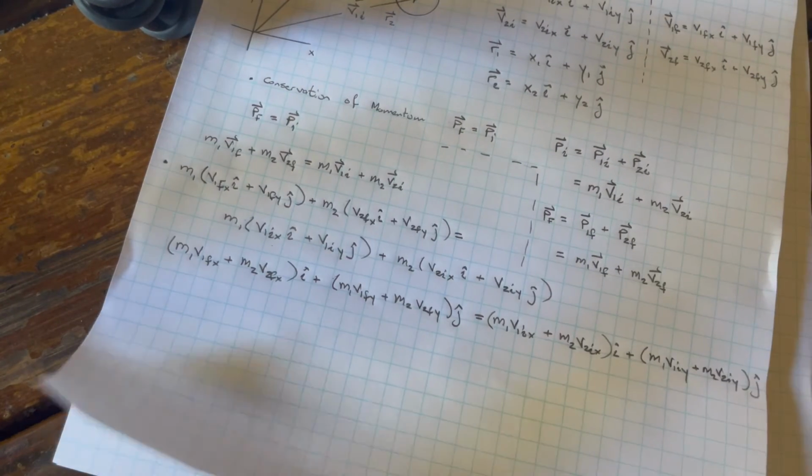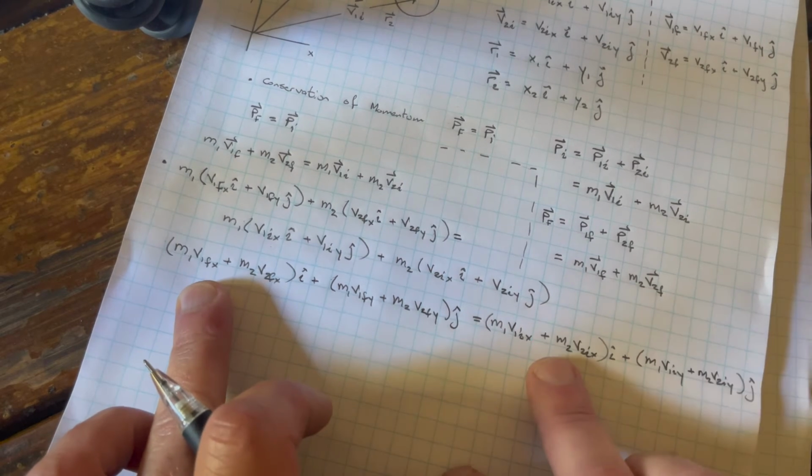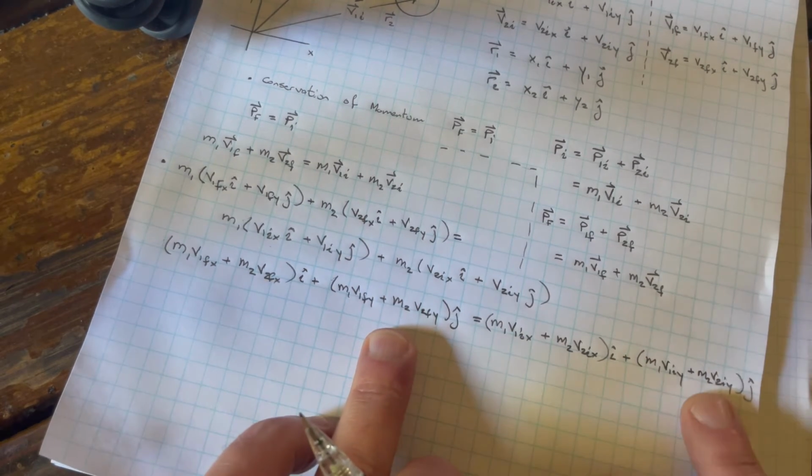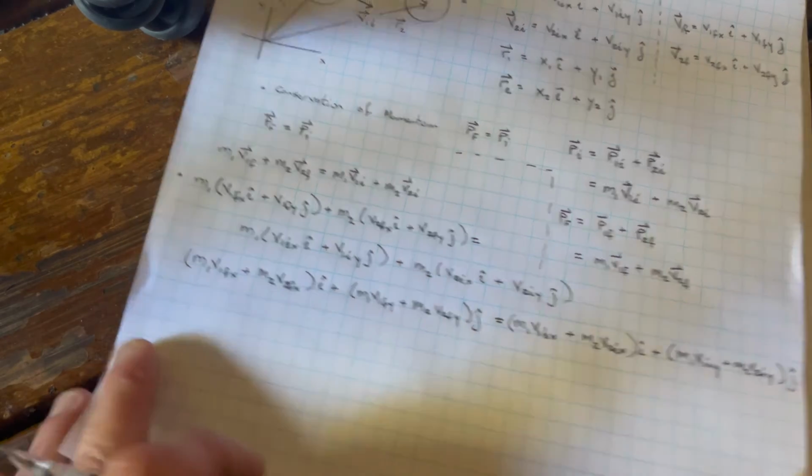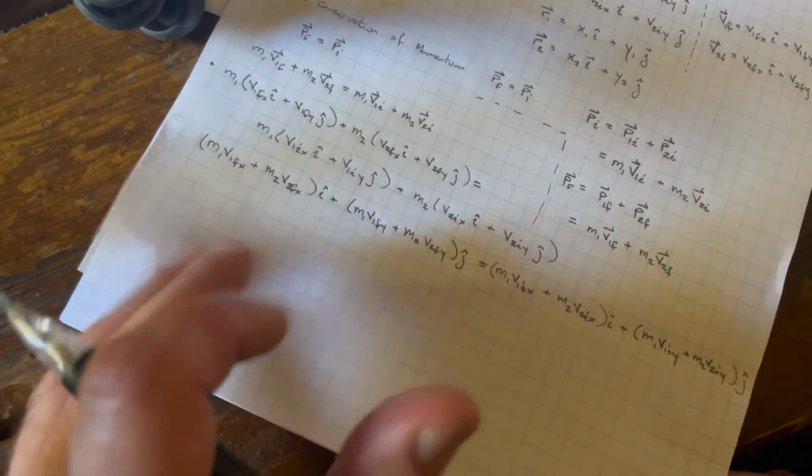So everything in the i hat is equal to everything in the i hat, and everything in the j hat is equal to everything in the j hat. So this gives us 2 equations.